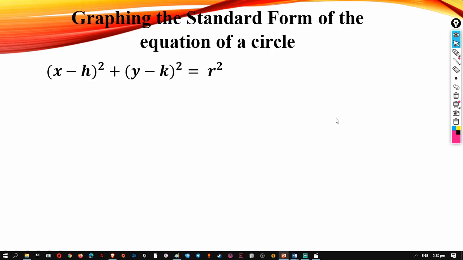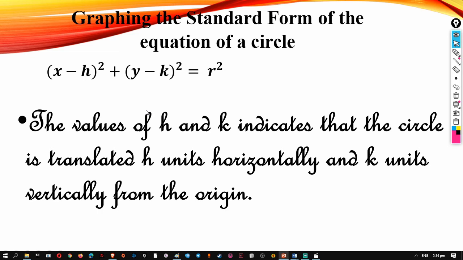So, paano naman i-graph ang standard form? Paano siya i-graph pag naka-standard form? Example. So, the values of h and k indicate that the circle is translated h units horizontally and k units vertically from the origin. Yan.